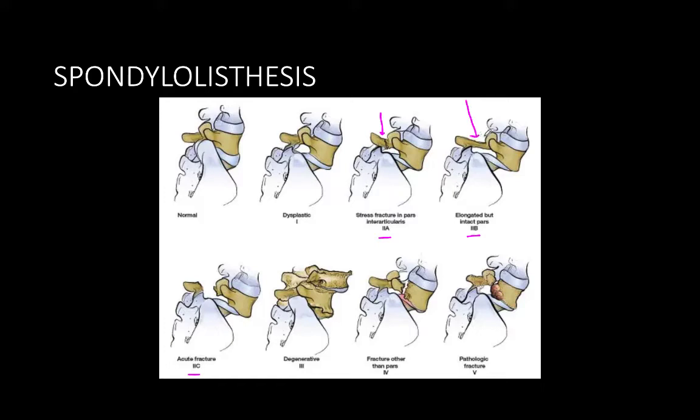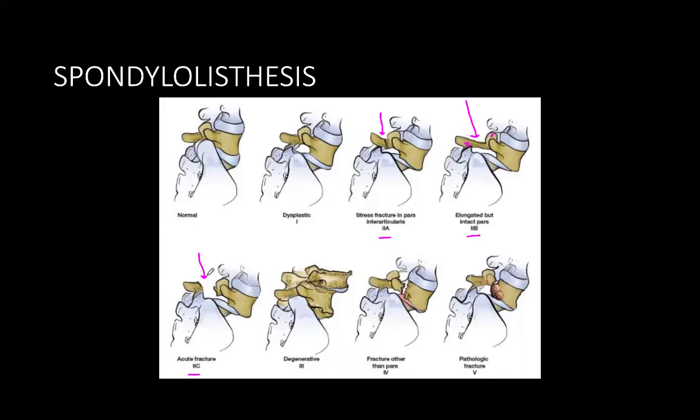It's just too long, so the space between the superior and inferior articular process is far away, and this kind of leads inherently to an anterolisthesis. And then the very rare type 2 variety, described as C, is the acute fracture at the pars, which is very unusual. And so these are the 3 subtypes of the isthmic variety of spondylolisthesis.